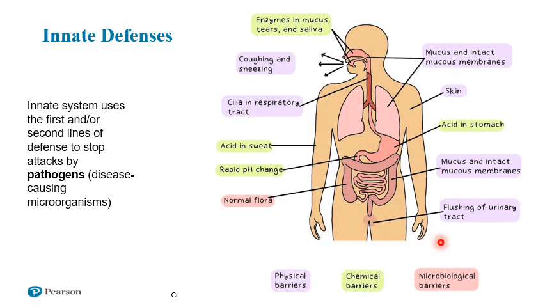The innate system uses the external barriers, the first and second lines of defense. Pretty much you have your physical barriers, chemical barriers, and microbiological barriers. In the physical barriers, you have coughing and sneezing, the cilia in the respiratory tract, the mucous membrane, the skin itself, and even the intact mucous membranes of your GI tract.